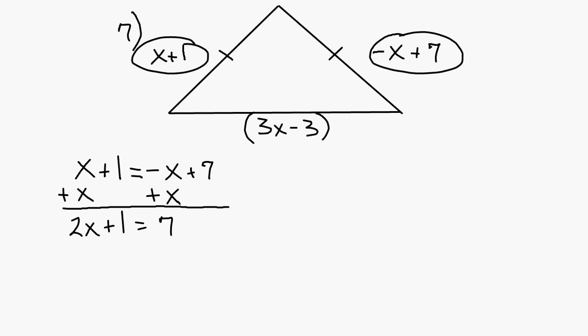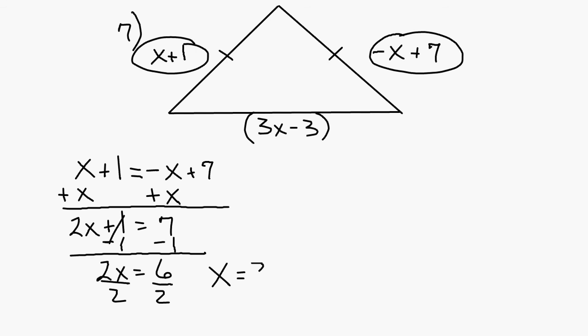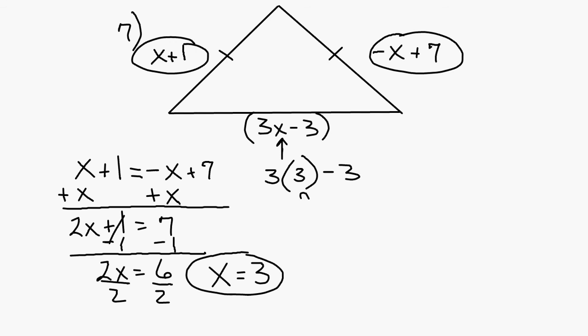And if you subtract 1 from each side, 2x equals 6. You can divide by 2, and x is equal to 3. If you use your x equals 3 and you substitute it for this x, you got 3 times 3 minus 3. So 9 minus 3, right? 6. So that side is 6 units long.